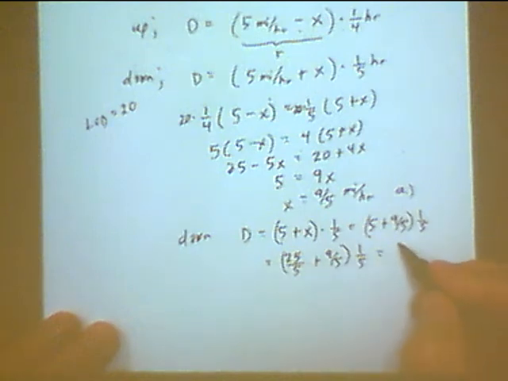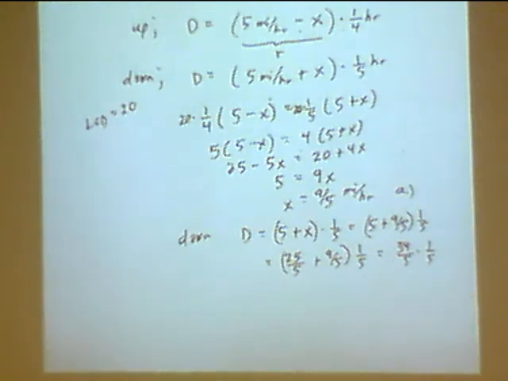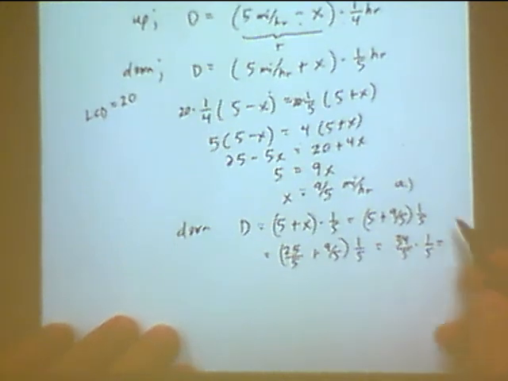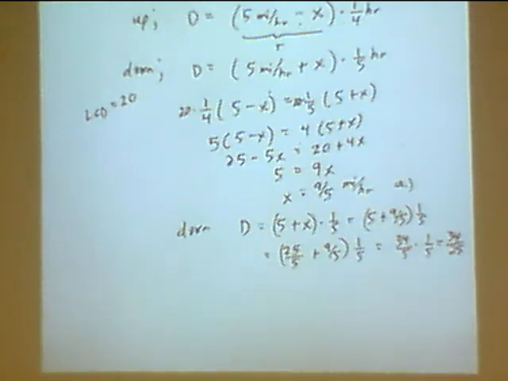So in the parentheses, 34 over 5 times 1/5. Wow, looks like a pretty nasty fraction. Hope I didn't make any mistakes. So as it turns out, it looks like it's going to be 34 over 25.